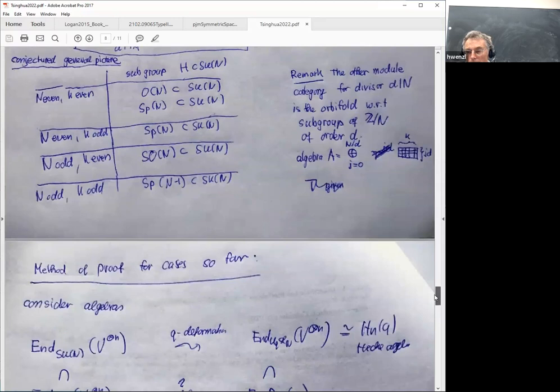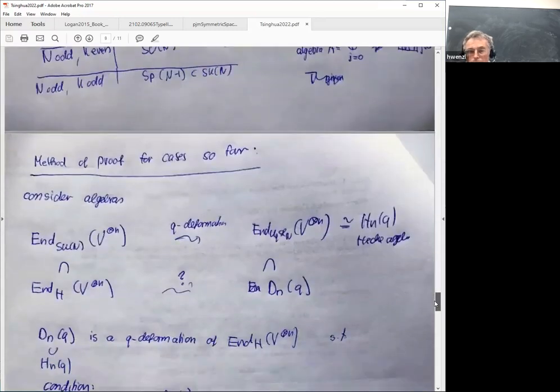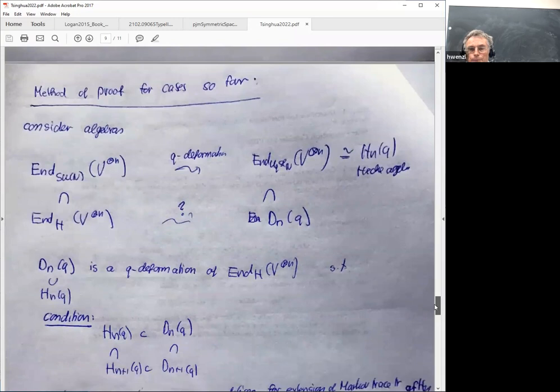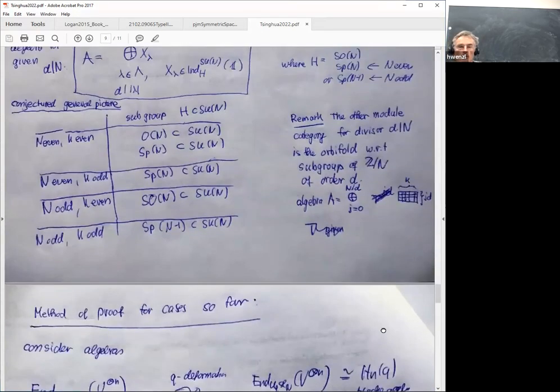So maybe a little bit about the proof. As I said, the method is kind of old. This is already what I used like 10 years ago. So let me briefly, somewhat vaguely, indicate how this goes. We start out here with, so we pick our subgroup H according to this table here.